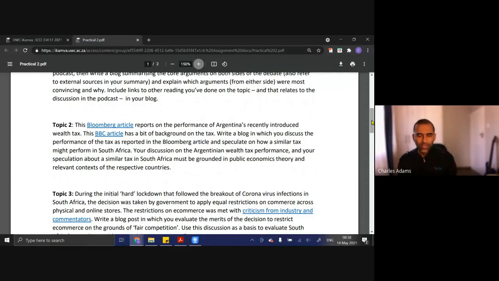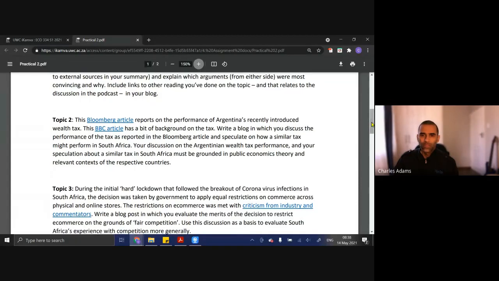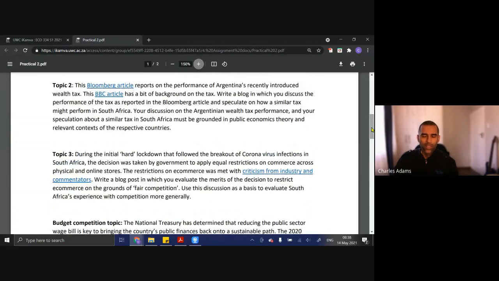There are different types of wealth taxation, and as mentioned in a previous session, typically when we talk about wealth taxation, we're talking about taxes other than things like capital gains tax, estate duties, and property taxes, although those do fall under the broader rubric of wealth taxes. They are taxes based on accumulated assets or accumulated wealth.